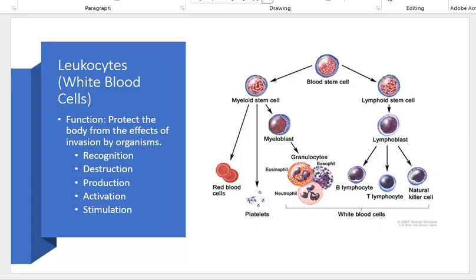Leukocytes can produce antibodies against invaders. They complement immune activation, and they produce cytokines that stimulate the formation of leukocytes in bone marrow and increase specific leukocyte activity.